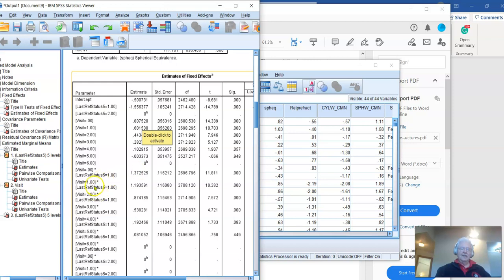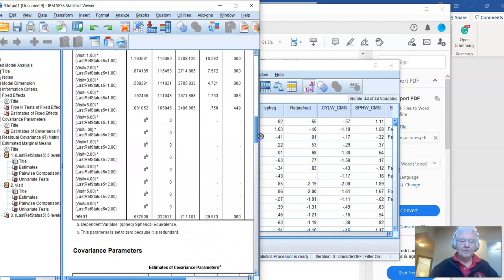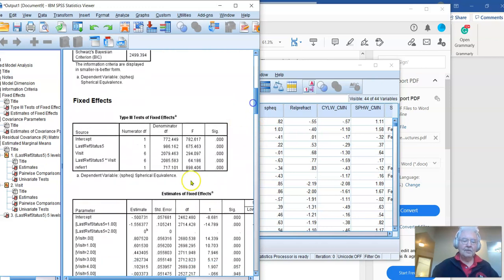This is the interaction term. Notice that whenever the last refractive status is 2, which is emmetropic, we don't add anything to the equation. We just go off this minus 5.5.